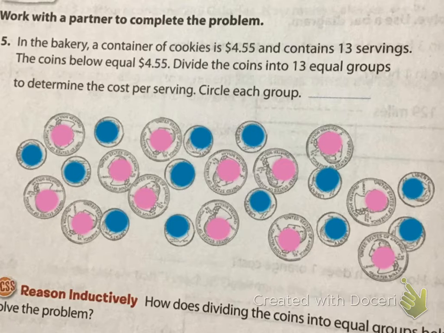So, we have one amount for each. Let's pick one where they're nice and close. Here's one. So we have 1 quarter and 1 dime each. How much is a quarter worth? 25 cents. How much is a dime worth?